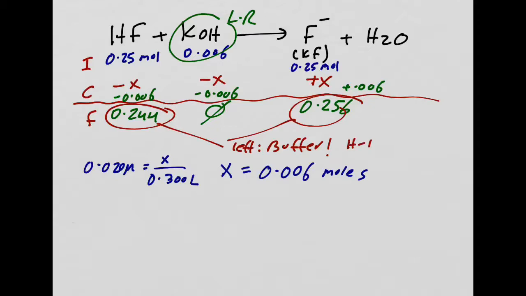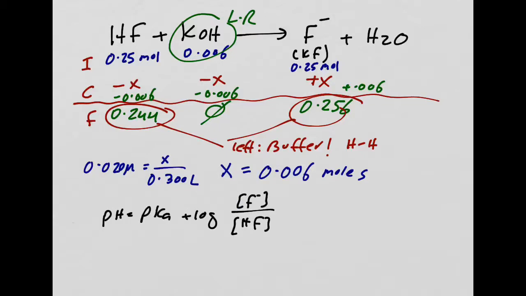So I can use the HH equation again to figure out the pH of this solution. So far so good. Again, pH is equal to pKa plus log, with my HF concentration on the bottom and my F minus concentration on top.